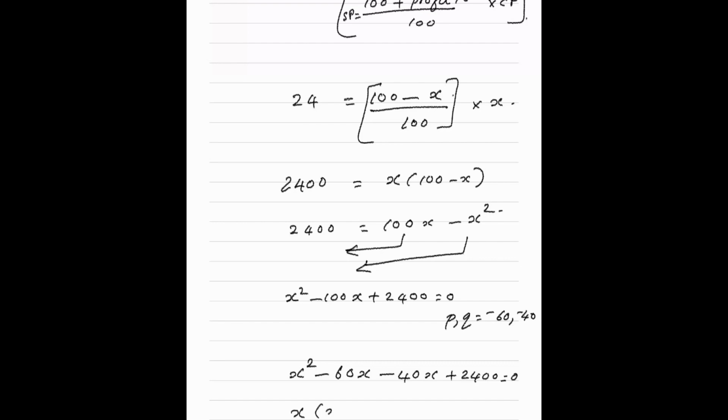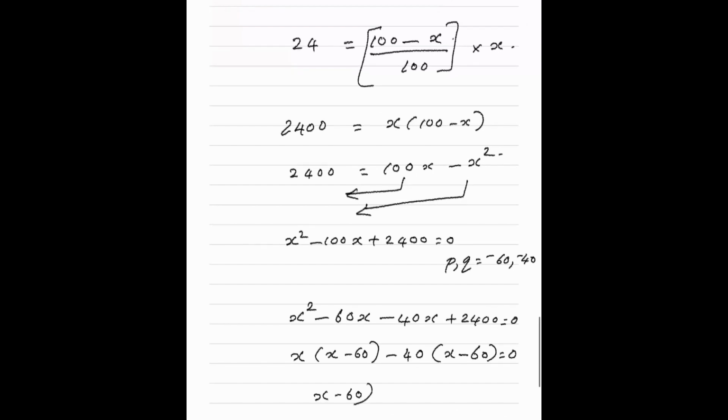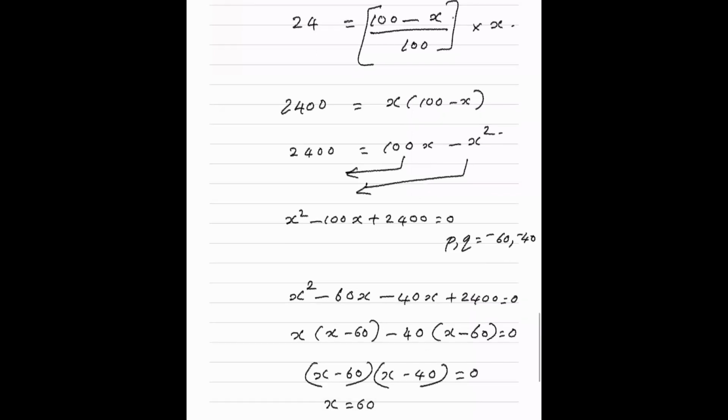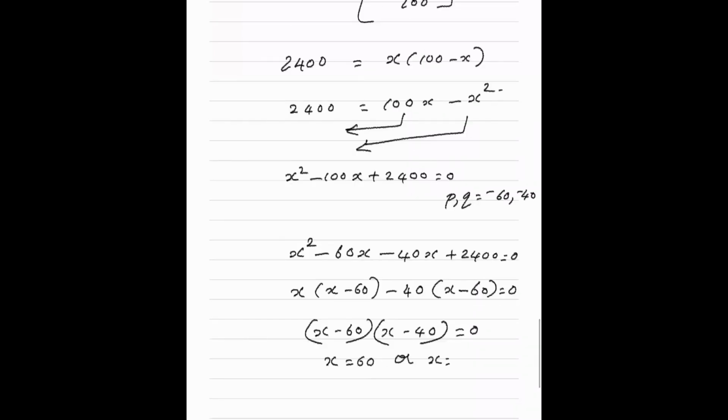So X out, X minus 60, minus 40 out, X minus 60, equal to 0. So X minus 60 into X minus 40 equal to 0. So X is equal to 60 or X is equal to 40.